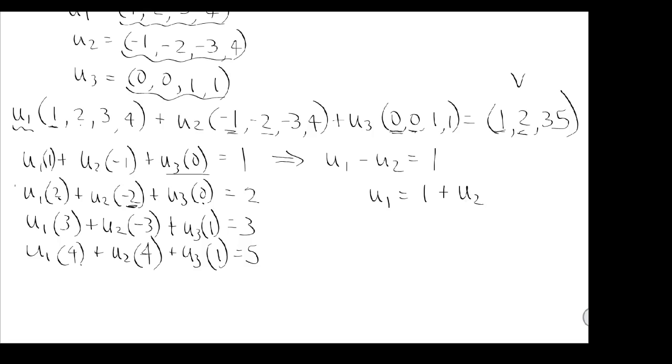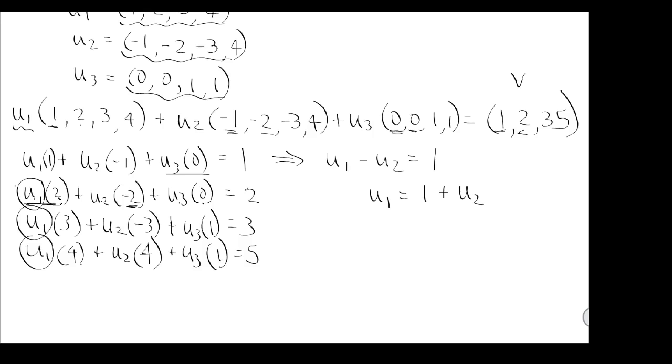I could then replace my u1s in each of the other 3 equations so that now I have written this system with 3 unknowns as only having 2 unknowns.